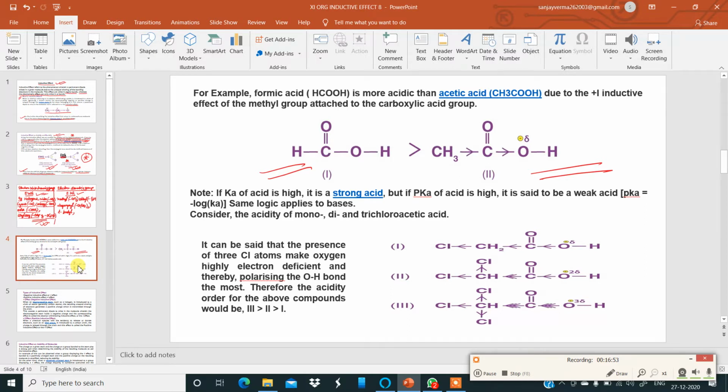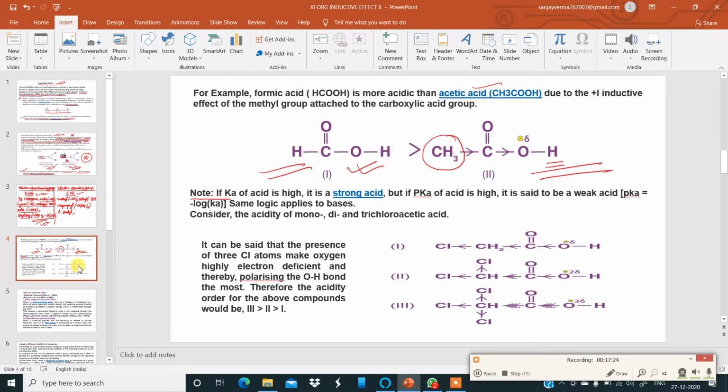But in acetic acid, there is an electron donating group, EDG, because of which it is pushing electrons away from itself and making this oxygen more electronegative, causing this hydrogen to be less easily available for protonation. Therefore, formic acid is more acidic than acetic acid. A very good question. Okay. Now, an important note over here.